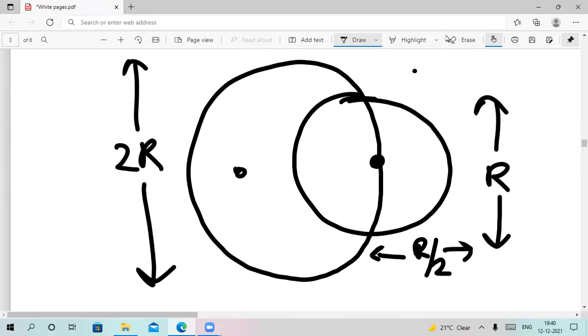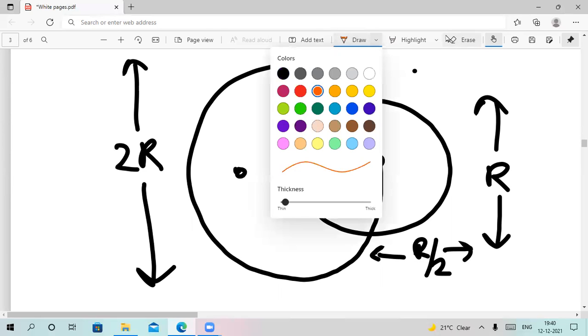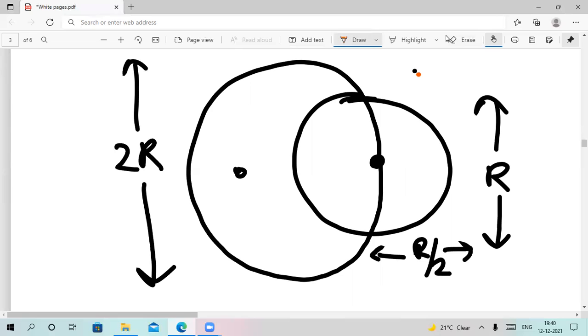Let us suppose the center of this ring is here, and we can draw perpendiculars here. We can draw a bold line representing the fact that this and this are equal, r divided by 2 and r divided by 2 here.